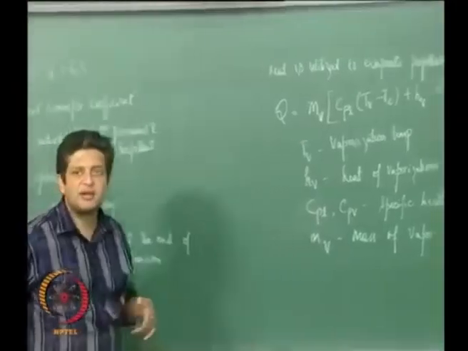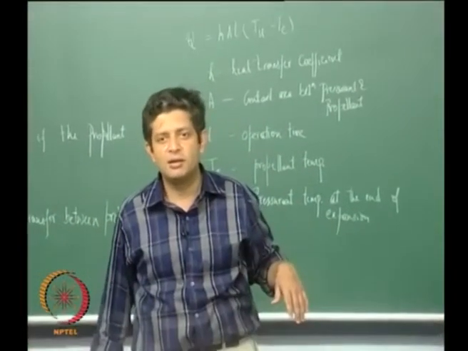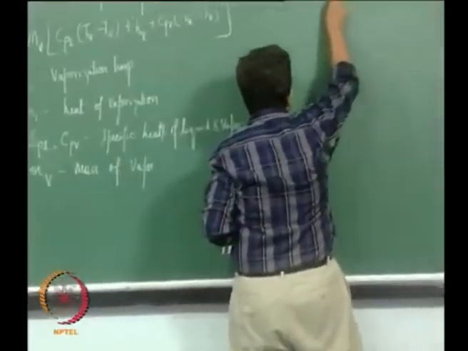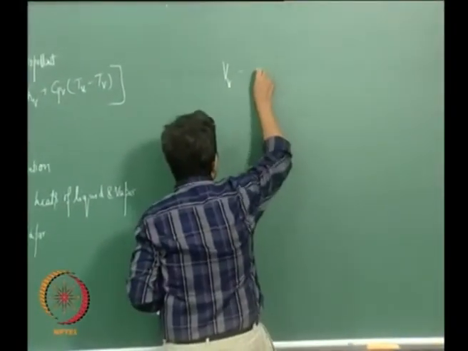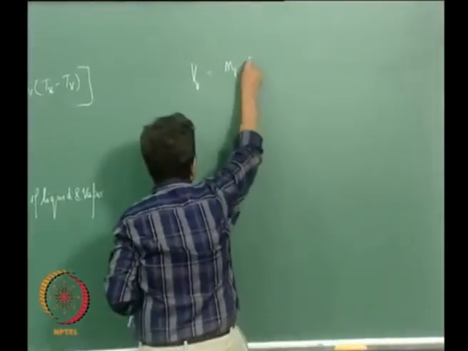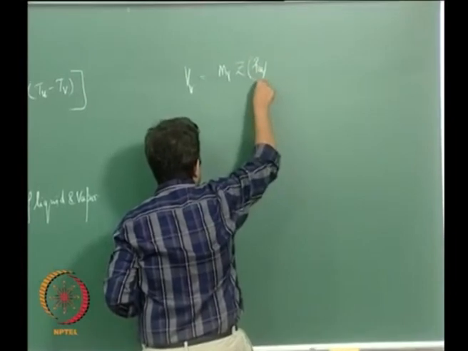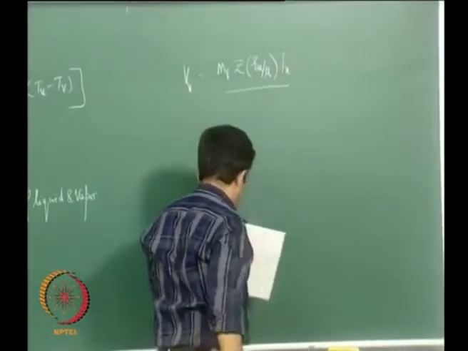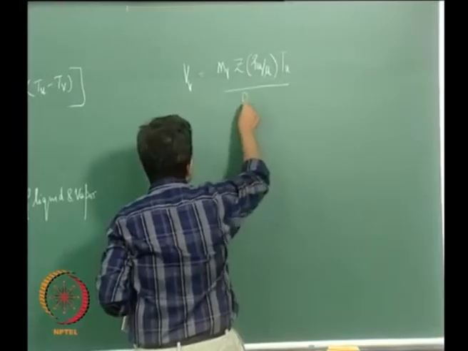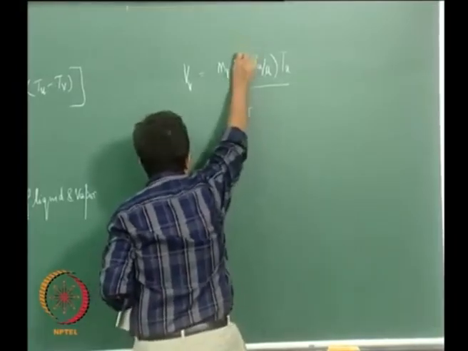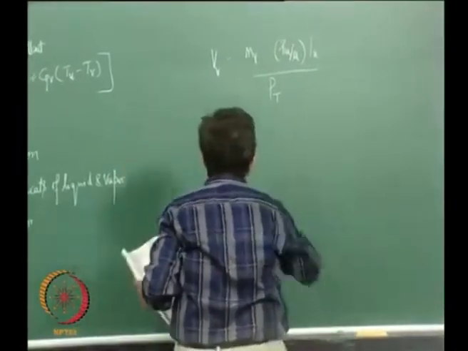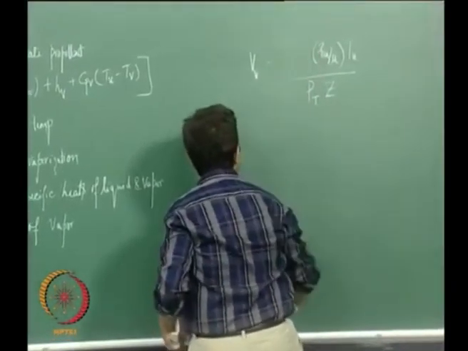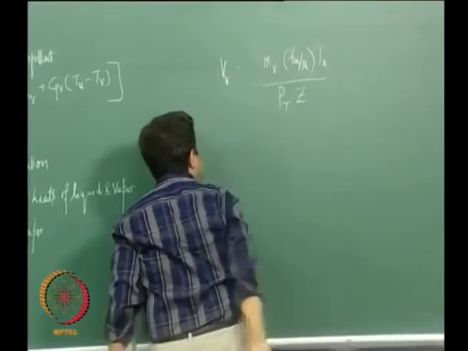Now, if we know the mass of vapor, then through the ideal gas relation we can calculate the volume of vapor. Vv is equal to... okay.